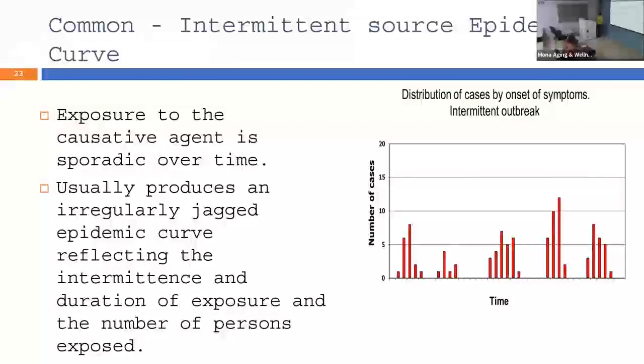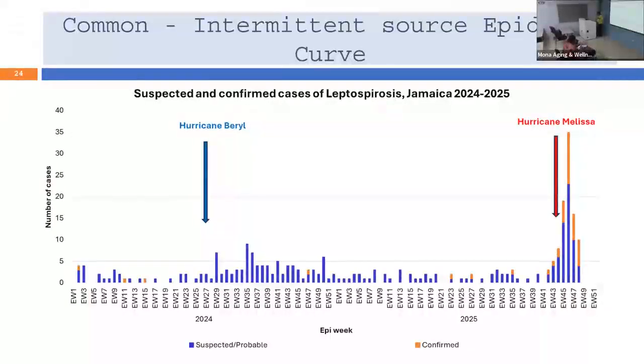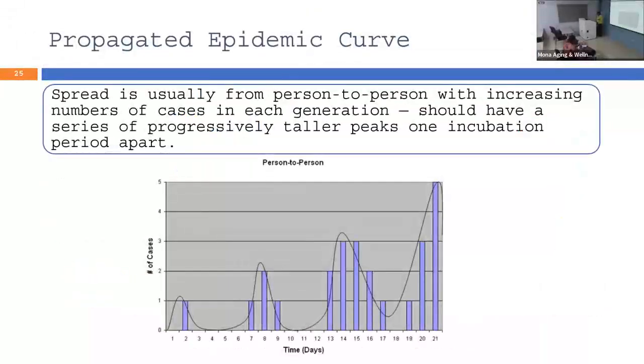Okay, because they're exposed intermittently. And then they're again exposed, and you have another cluster, and then it stops, and then they're exposed again, right? So it's like several point sources. All right, so that's for common source.